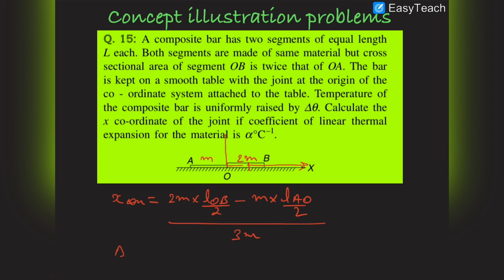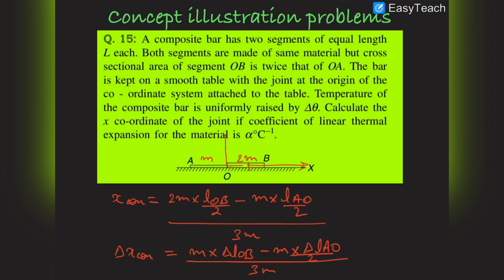So delta x_com, which is the change in the position of center of mass, will be equal to m into delta L_OB minus m into delta L_AO by 2, divided by 3m.